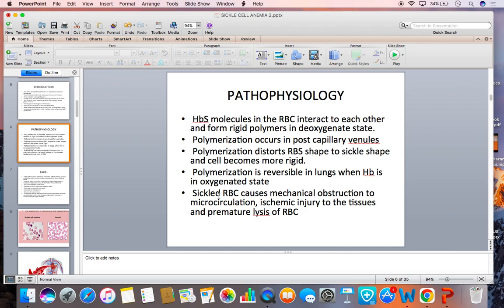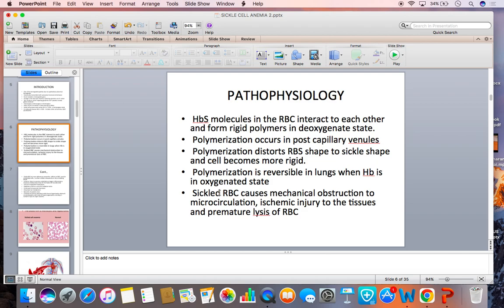That results in all the pathological lesions. What happens? Hemoglobin molecules in the RBC interact with each other and form rigid polymers in the deoxygenated state. Polymerization occurs in post-capillary venules.